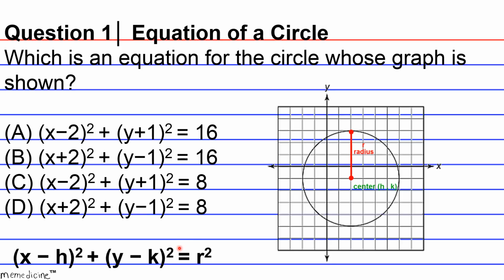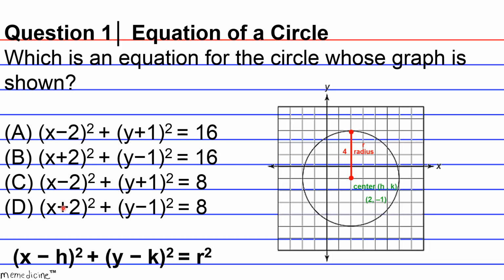In the problem, the center of the circle is located at 2, -1. And if you count the units, the magnitude of the radius is 1, 2, 3, 4, so 4 units.